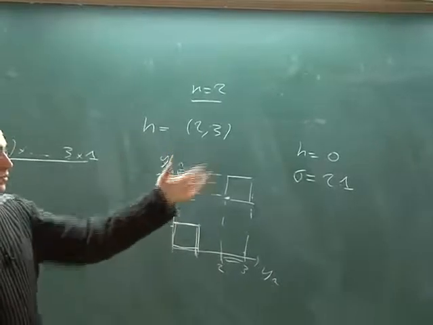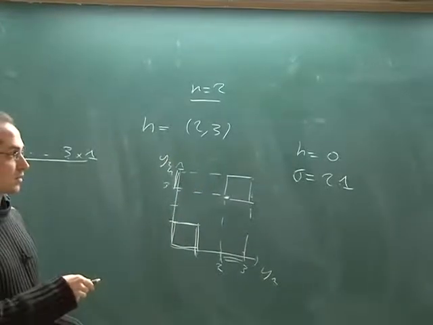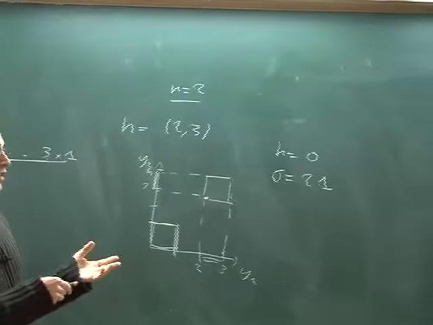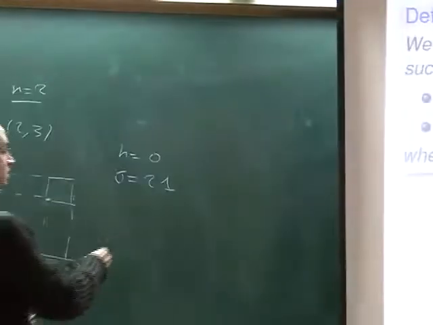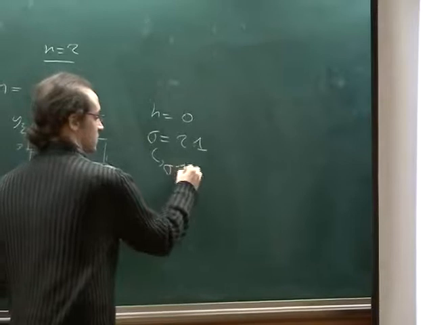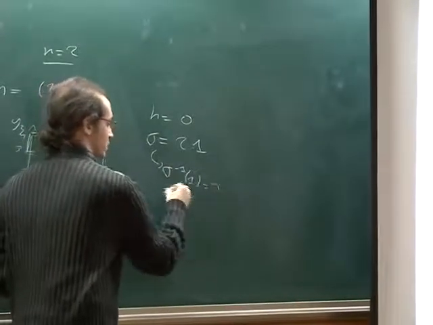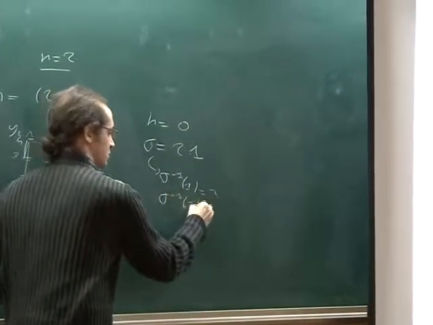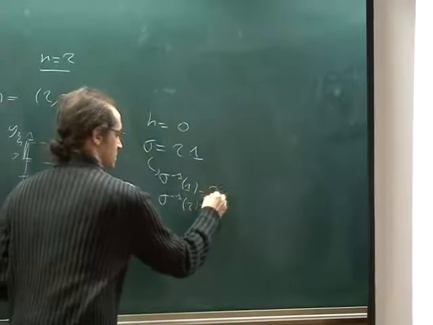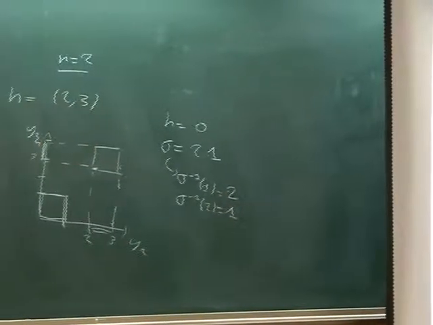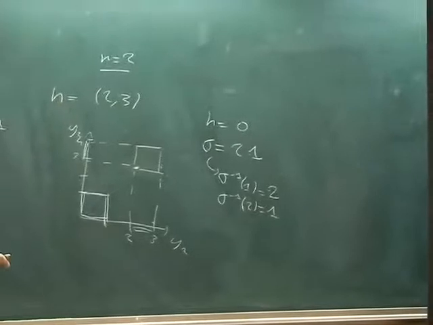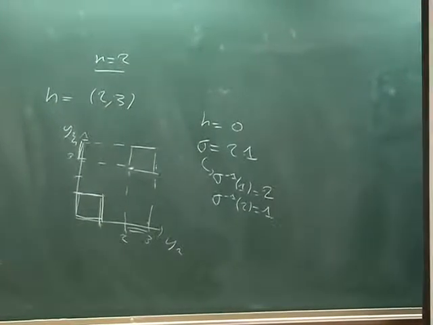And then the condition is on the fractional part of y2: sigma inverse of 1 equals 2, and sigma inverse of 2 equals 1. It means that the fractional part of y2 has to be smaller than the fractional part of y1.